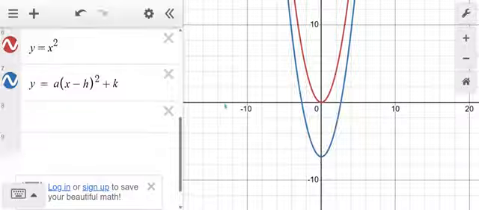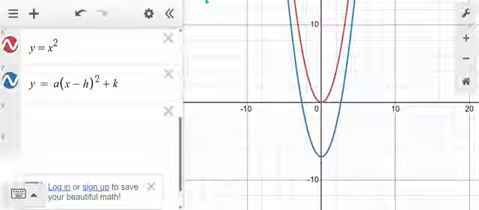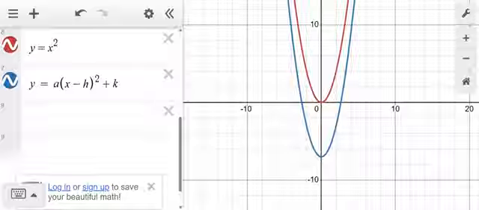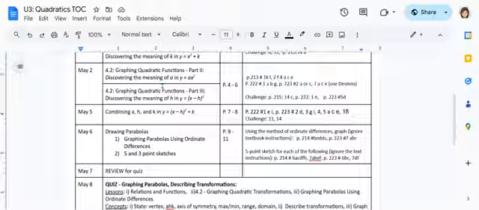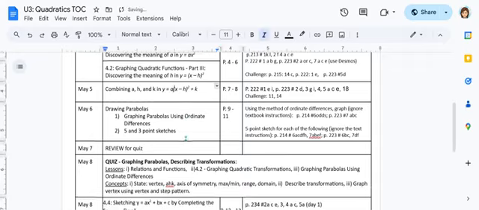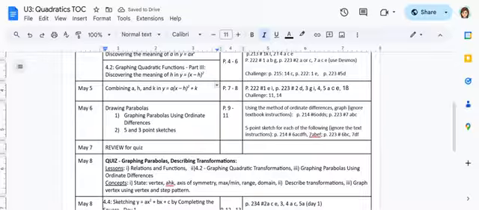Where's my table of contents? So tomorrow, we'll look at A and H. On Monday, we'll combine all of them. On Tuesday, we'll learn how to graph parabolas in 2 different ways. And then we'll have a quiz on all those lessons.